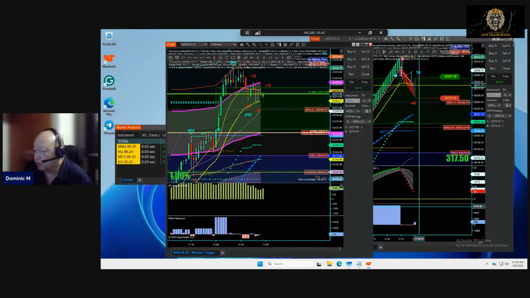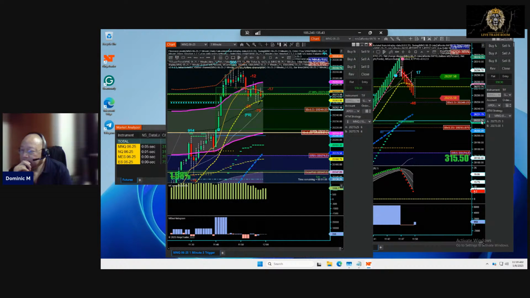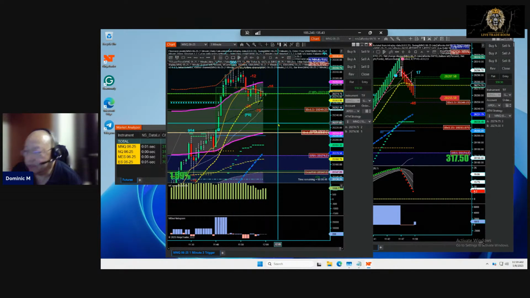Yeah, it's really going down. See this? We're not getting consecutive bars going down, or even going up. So it's just going up and down right now.